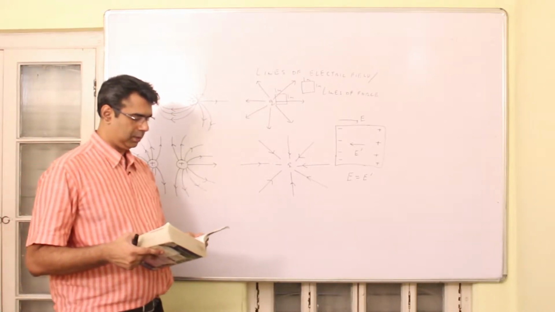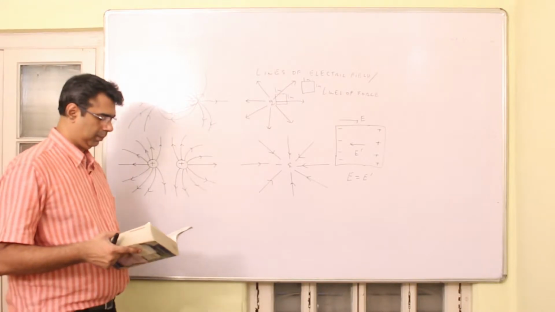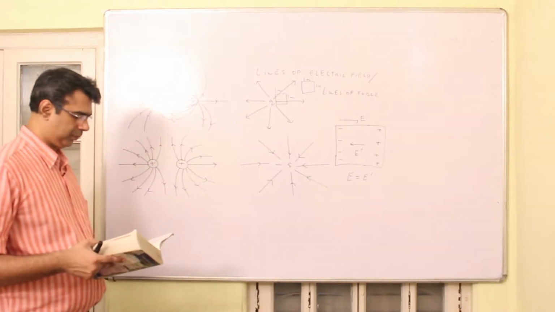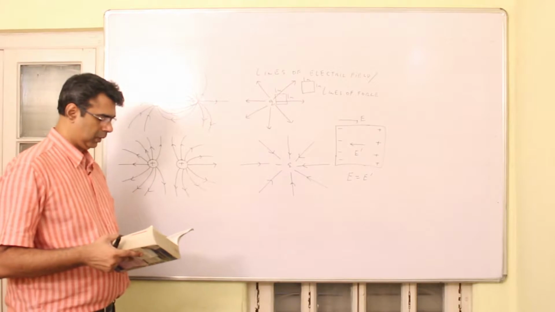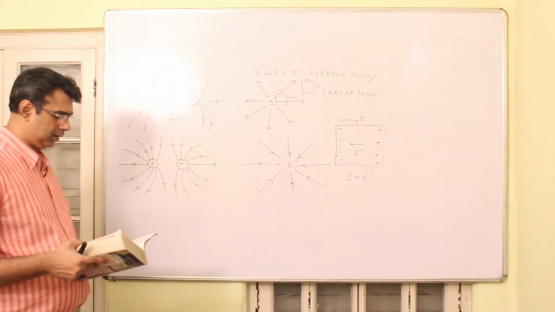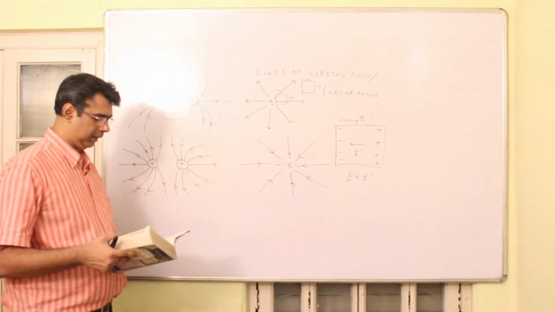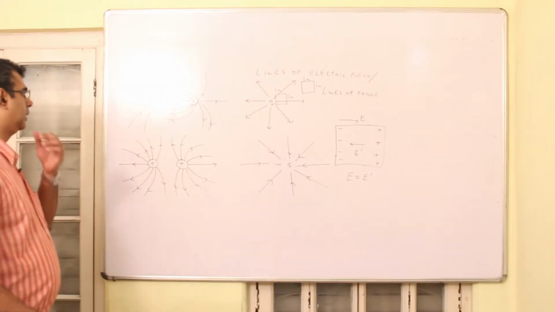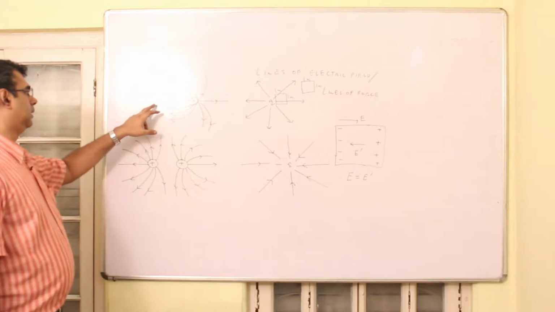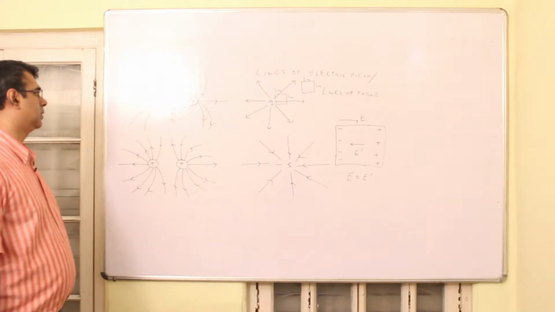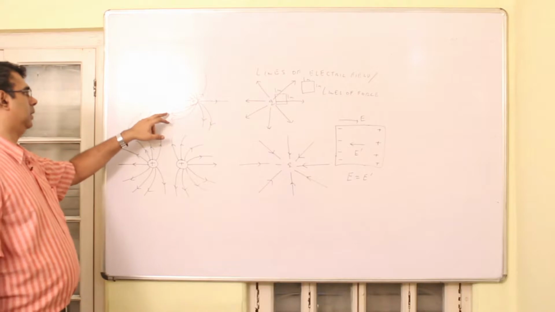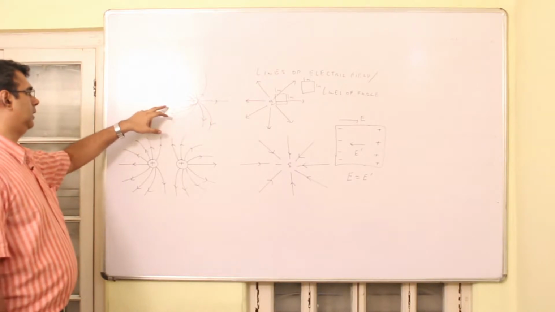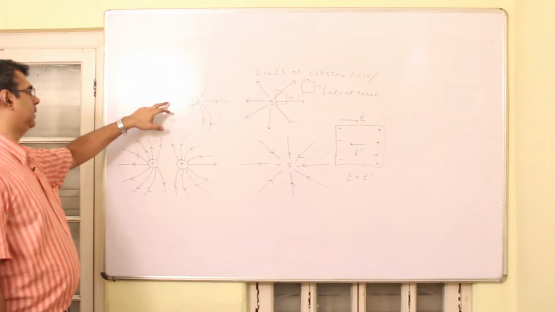The next point: the lines of force have a tendency to contract in length like a stretched spring. You will observe that for the negative and positive charge, the lines of force between them tend to contract in length. That means what?